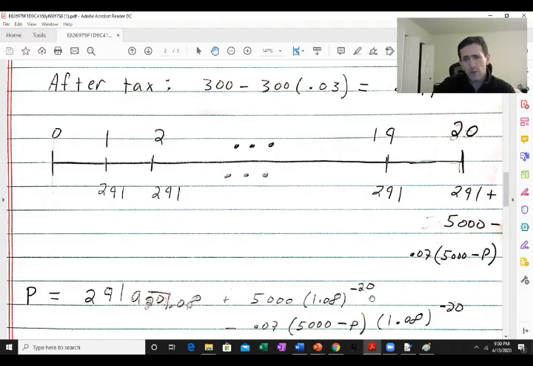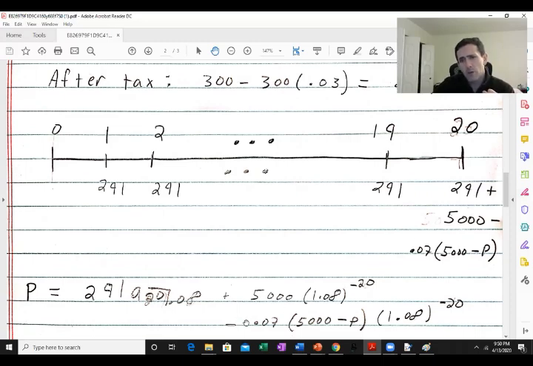The present value of the after-tax coupon payments is 291,820.08. You discount 5,000 by 20 years at 8%, and you discount minus 0.07 times (5,000 minus P) by 20 years at 8%.